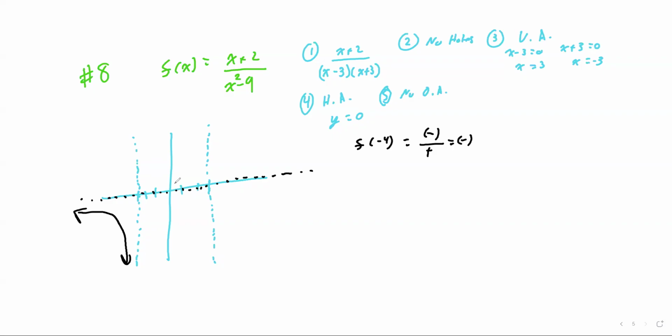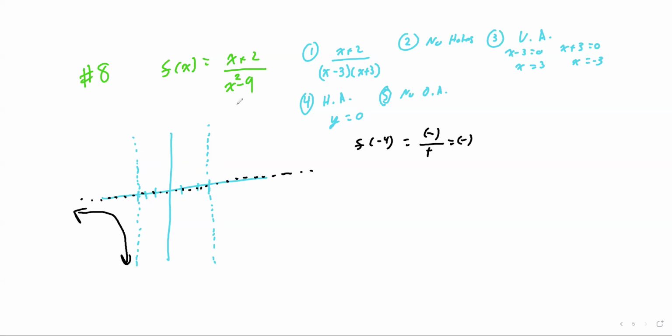Same concept here. Choose a value between negative 3 and 3. These can get tricky here.